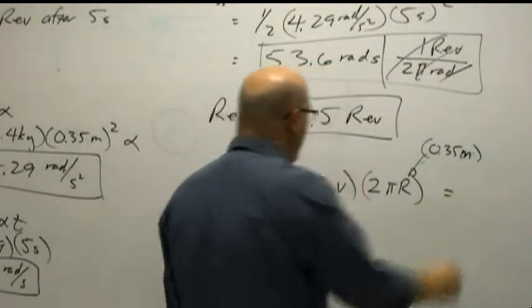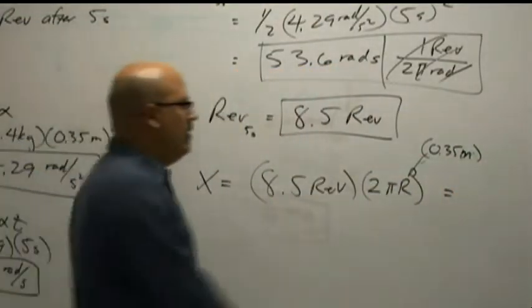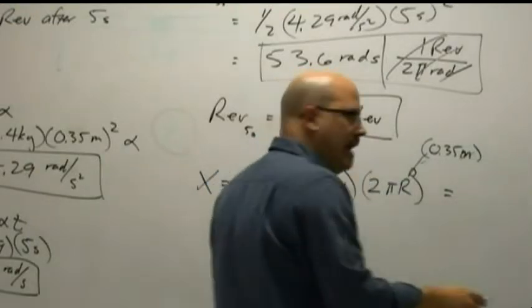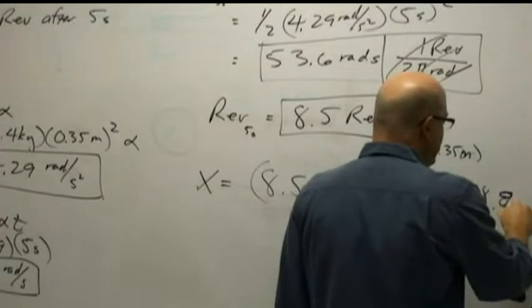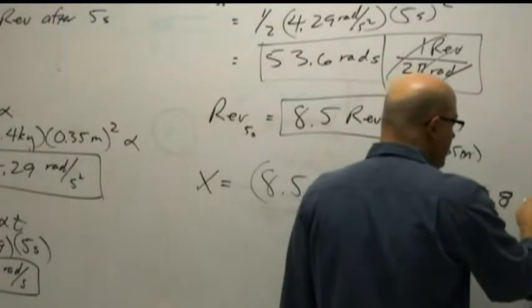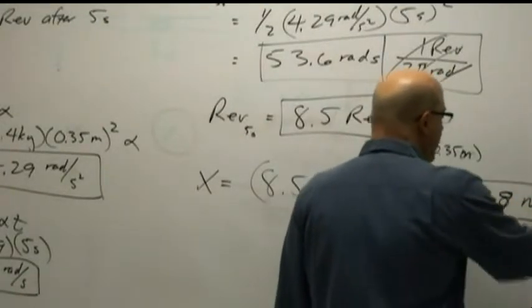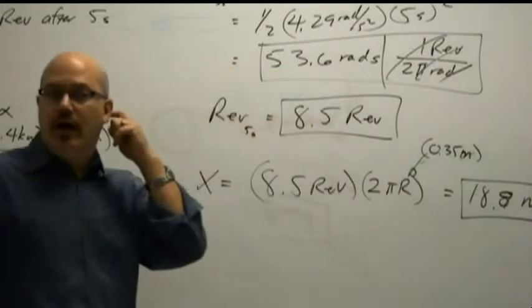And what do we get if we do it that way? 8.5 times 2 pi times 0.35 is 18.75, so 18.8 meters, right?